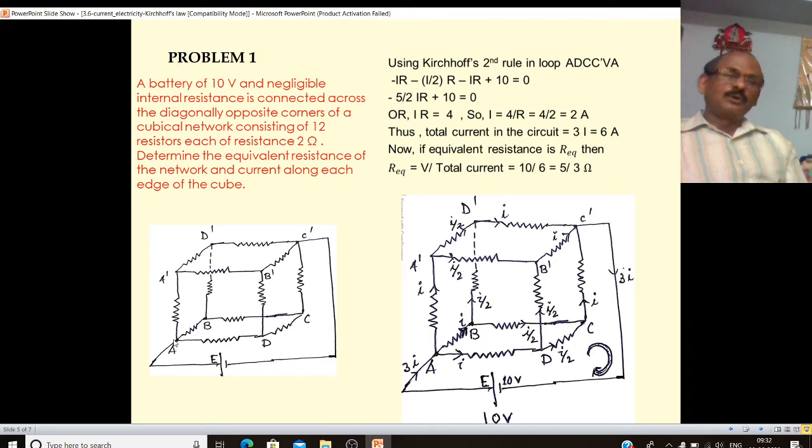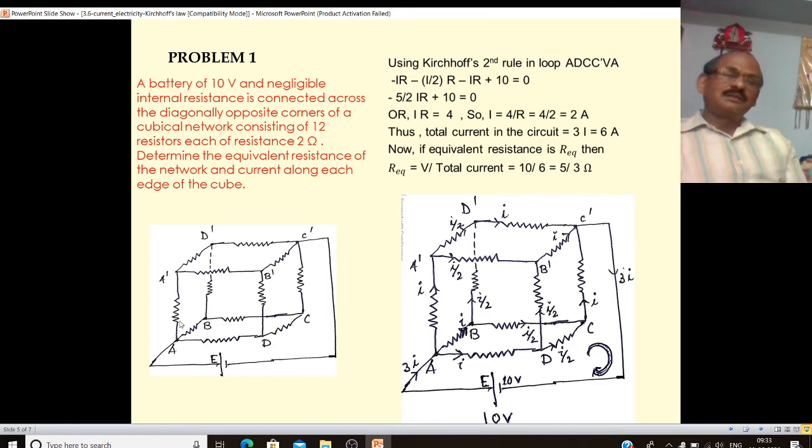If current follows the path A to B, then B to D dash and C dash, again it is 3 resistors. Similarly, we can check A, D, C dash, and find 3 resistors. Or A, B, C dash, A, D, B dash, C dash. So each point is symmetrical.